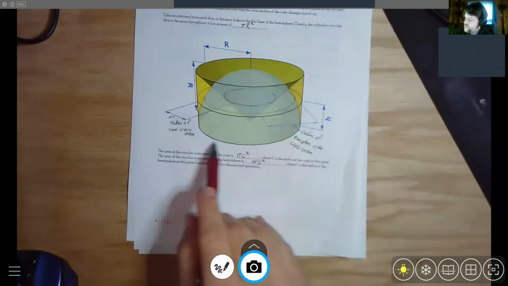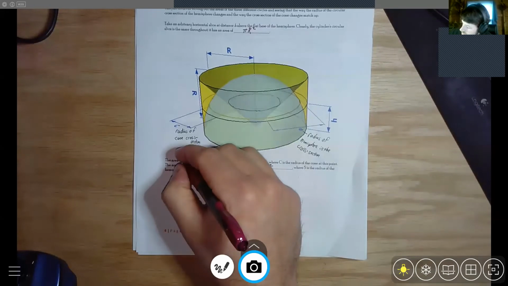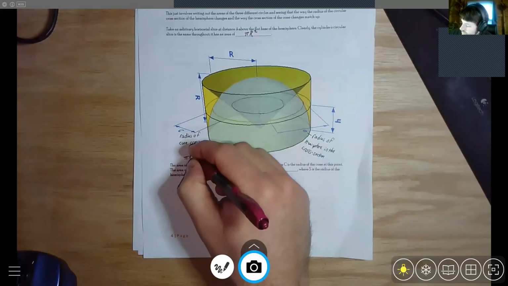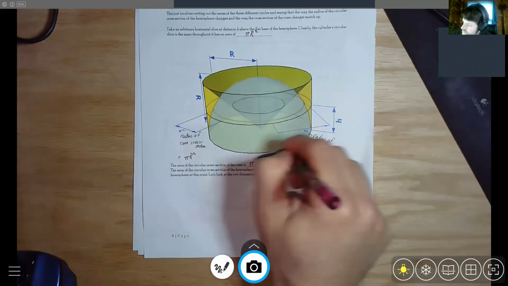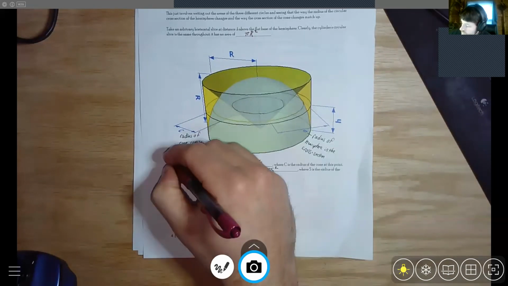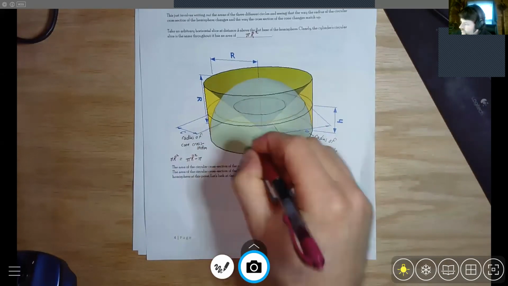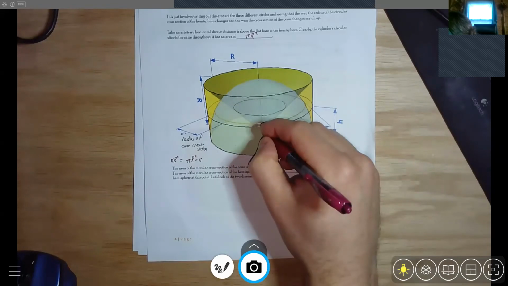If we started at the base, the area of the cylinder is pi r squared. The area of the hemisphere, because the hemisphere base is the same, is pi r squared. Subtract the area of the cone. If we take the cross section of the base, the cone is just a dot.